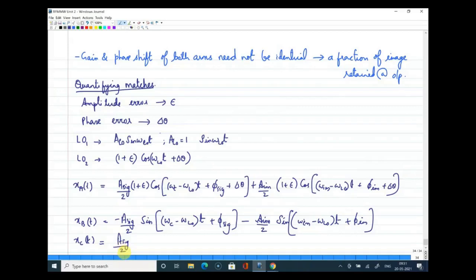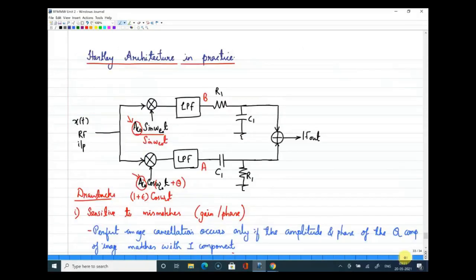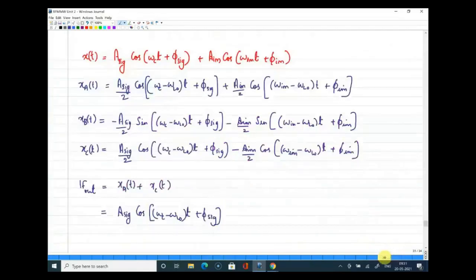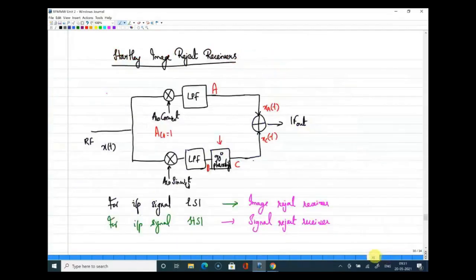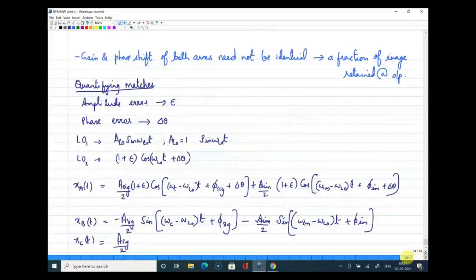Can you tell me what is xc? xc is the waveform at this point. Okay, so I have written at the output. After the 90 degree phase shift, I need to add that, so that is coming in the lower arm here.